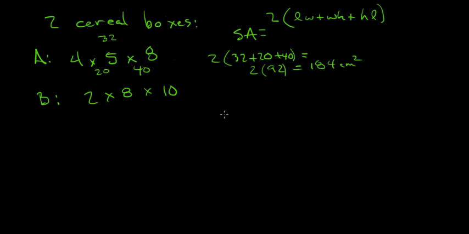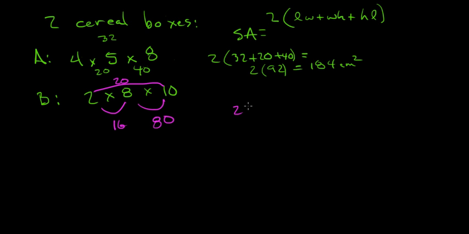And I'm going to change color here so we don't get too confused. This one, 2 times 8 is 16. 8 times 10 is 80. And 2 times 10 is 20.